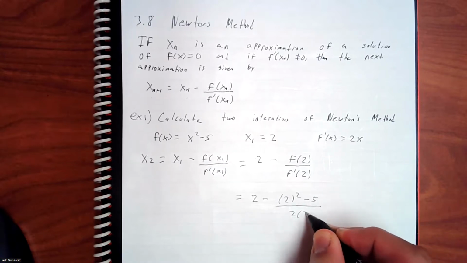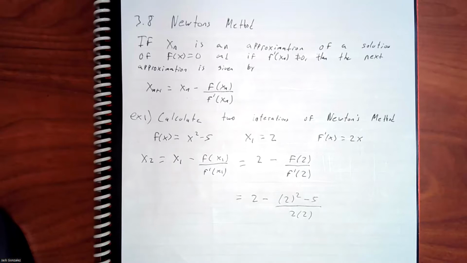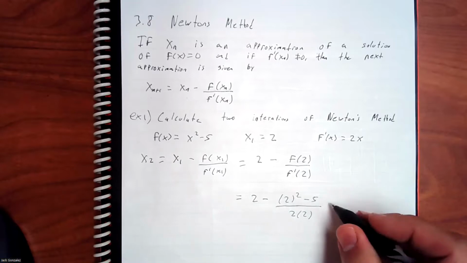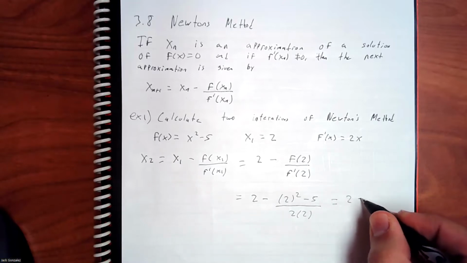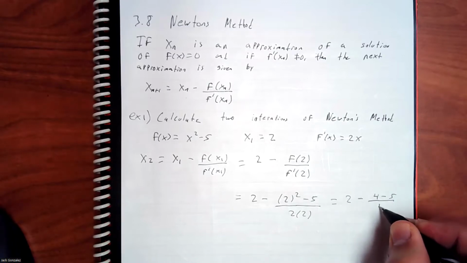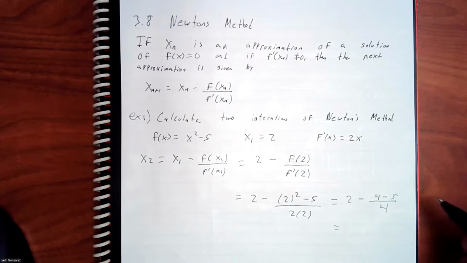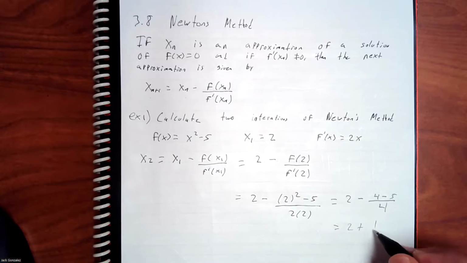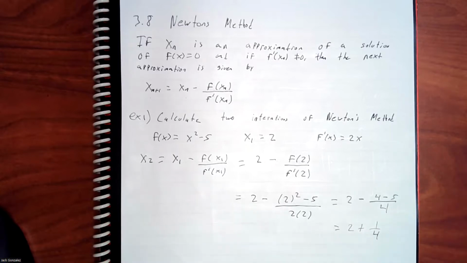That is 4 minus 5 over 4, which is negative 1/4. Minus negative 1/4, so 2 plus a fourth. That's 2.25.